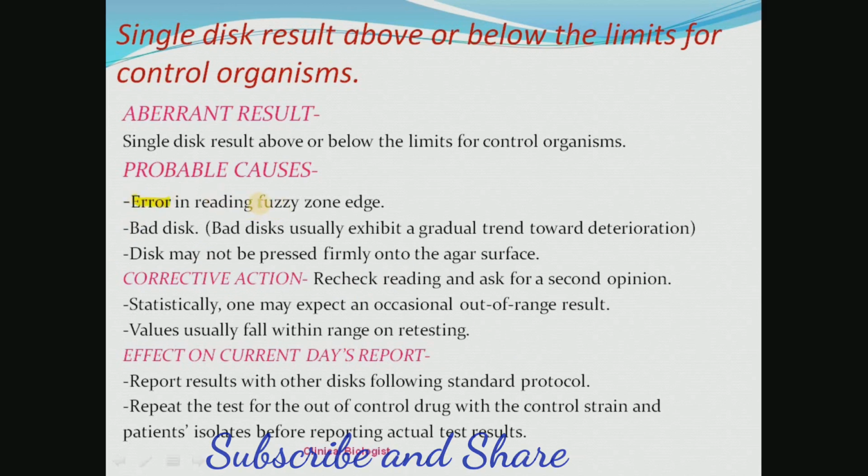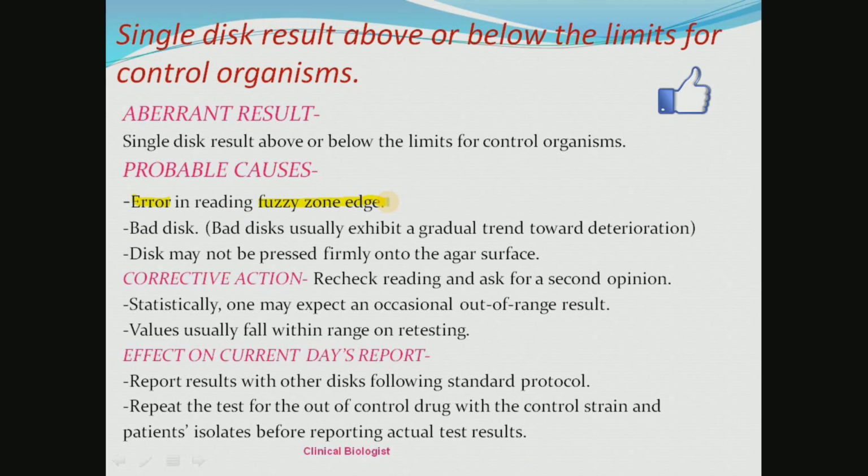When there is a single disc problem, it might be an error in your reading. Maybe a fuzzy zone: the zone edge may be fuzzy, so you have not read the size of that zone properly. Another is a bad disc, maybe improper storage or deterioration of the disc. Otherwise, the important one: when putting the antibiotic disc in the diffusion test, maybe you did not press it firmly onto the agar surface.